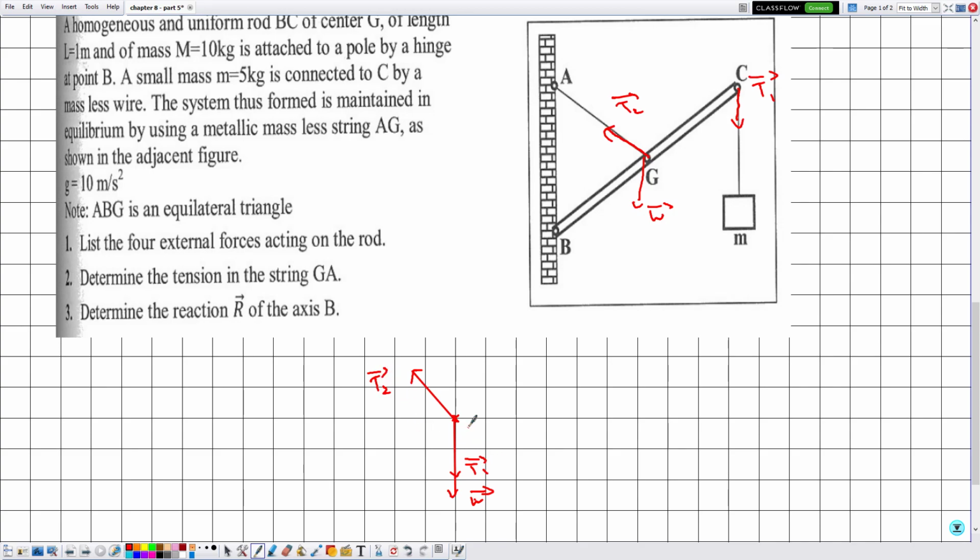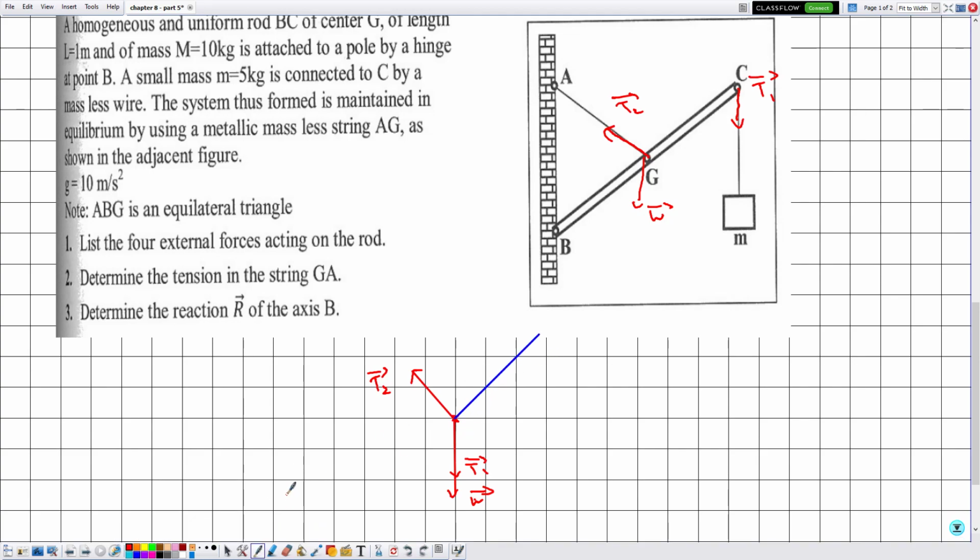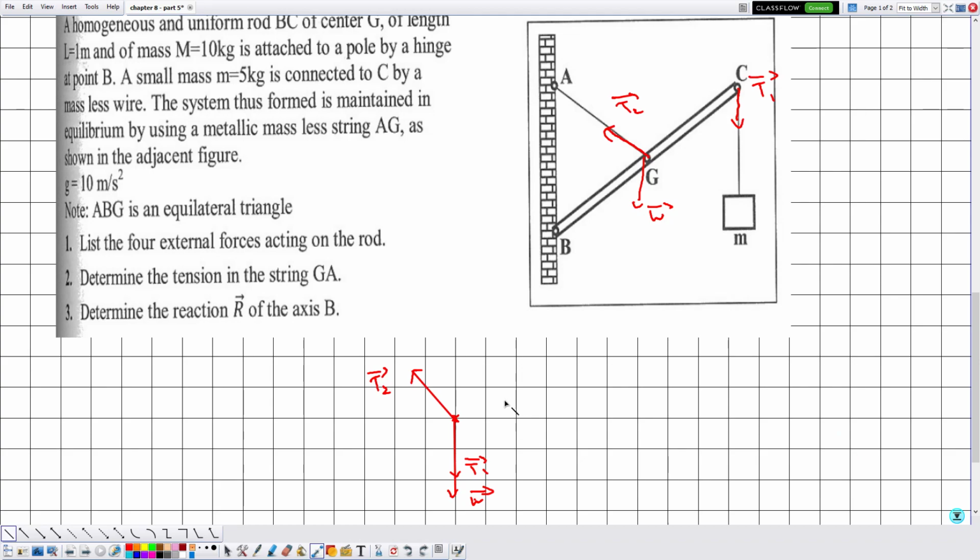Now in order to balance the effect of these forces and for the beam to be at equilibrium, what will be the direction of the reaction? It will be simply like this. Something like this. No, not like this. Let me be specific. Yes, it will be something like this. Why?